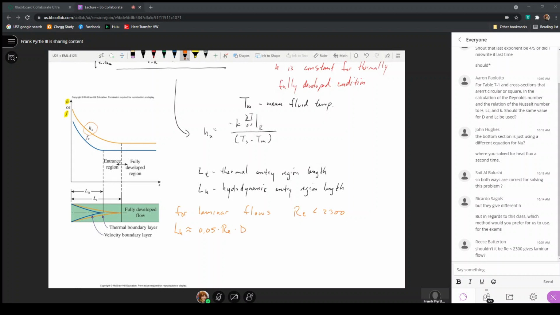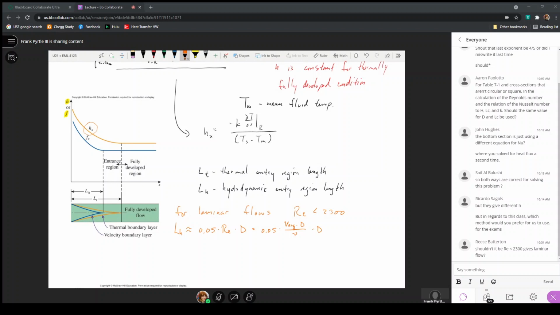If we recall, the Reynolds number can be written as the average velocity times the diameter divided by the kinematic viscosity, times D. So this expression says that the higher the velocity, the longer the hydrodynamic entry region will be. The more viscous the fluid, the shorter the hydrodynamic length will be.